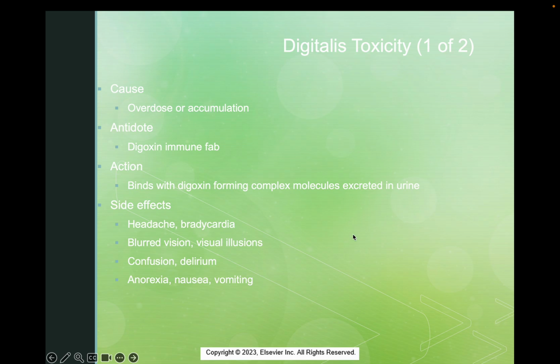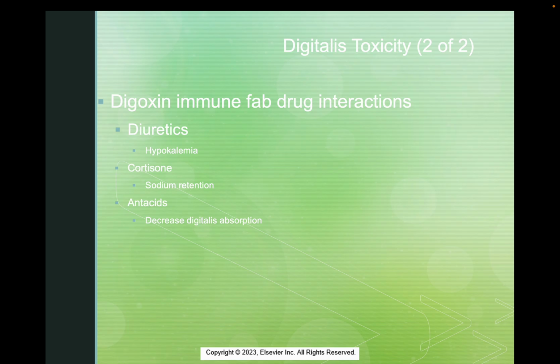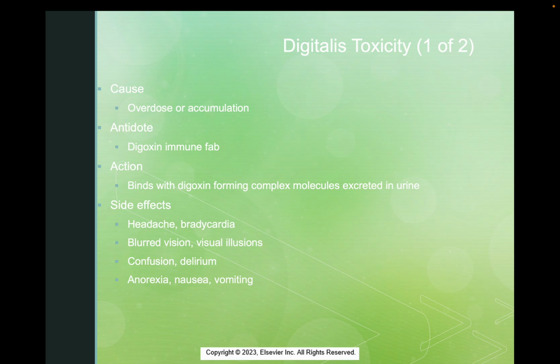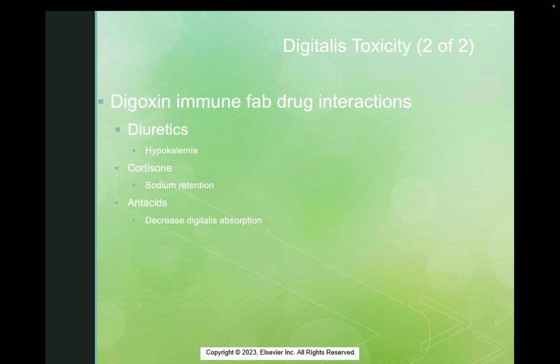However, when we talk about giving digoxin, we want to make sure that we are monitoring lab levels to measure digoxin levels in our patients, and you will see that a lot on people who are on long-term digoxin. For the antidote, these are some things that have interactions with that antidote, including diuretics, cortisone, and antacids.